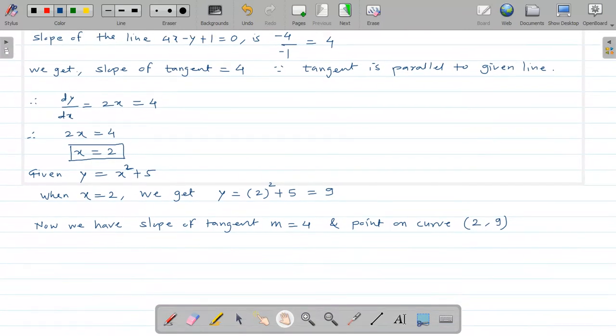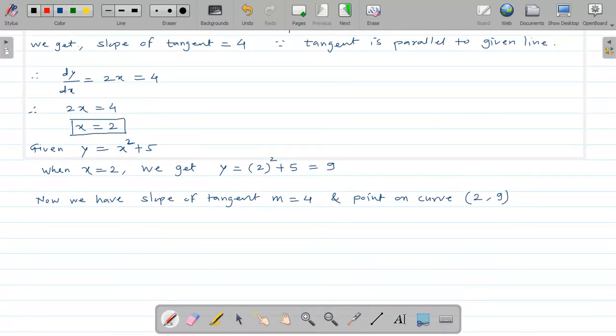Okay, so let us see now. We will use the slope point form. So we get the equation of the tangent. This is the slope and this is the point. So use the slope point form, that is y minus y1, y minus 9 is equal to m into x minus x1, x1 means 2.